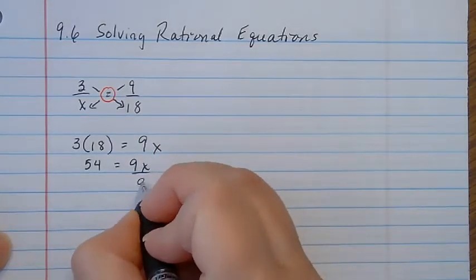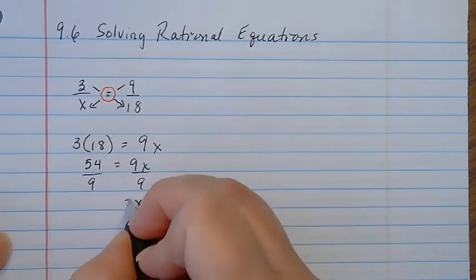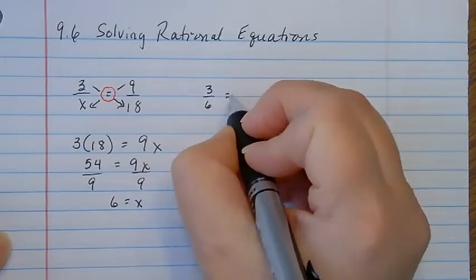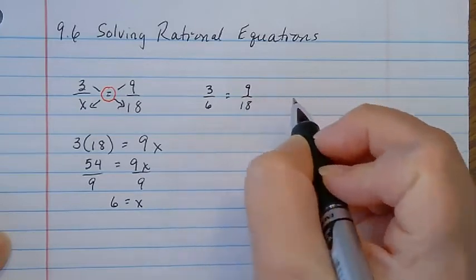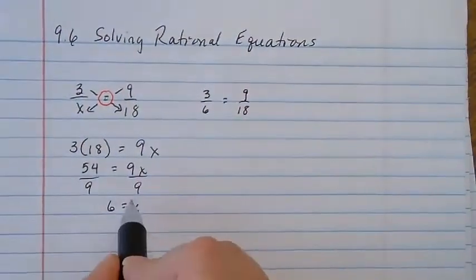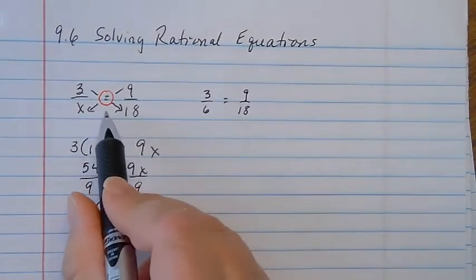To solve for x, we divide both sides by 9, so x equals 6. And we can see how that's true. 3/6 is a half, 9/18 is a half, so they are proportional. 6 is the only value for x that makes this a true statement.